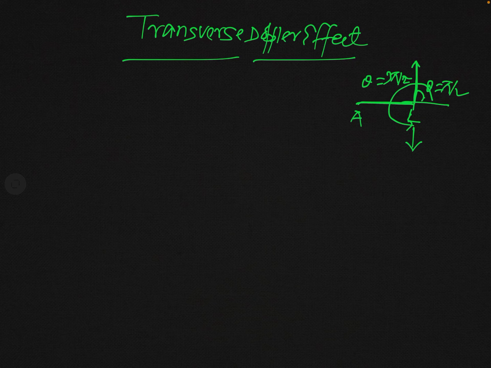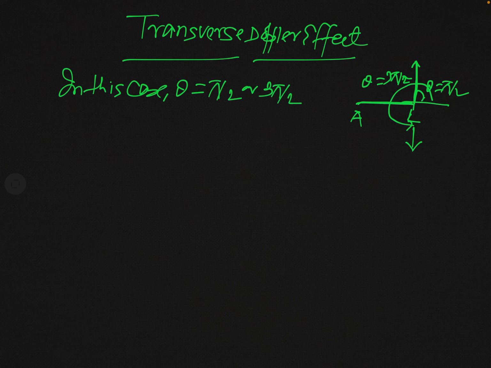and the apparent frequency and apparent wavelength in this case can be found simply by taking theta equal to either pi by 2 or 3 pi by 2 in the general result. So in this case theta is either pi by 2 or 3 pi by 2, and you know when theta is equal to pi by 2 or 3 pi by 2, in both cases cos theta will be equal to 0.